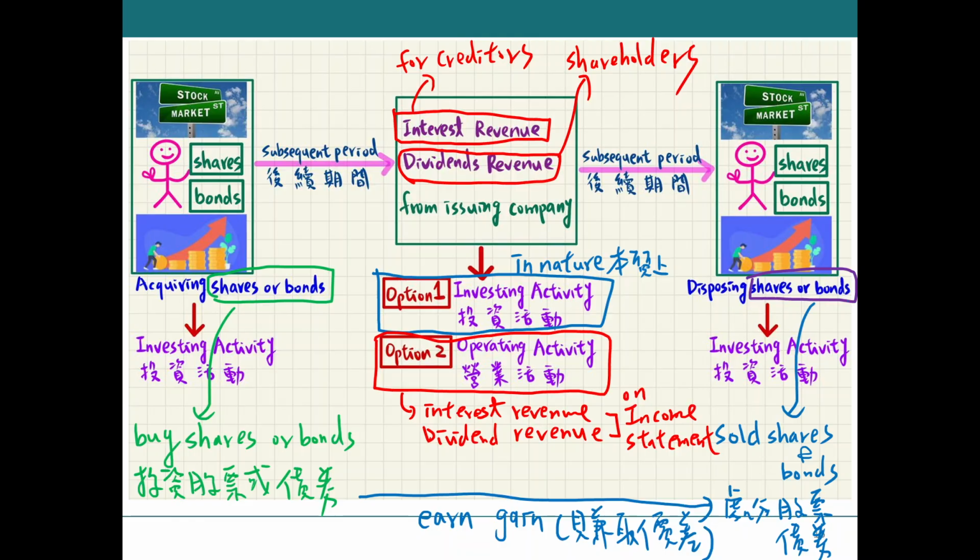Okay, any questions? No problem? Okay, so that's investing. Only one left, financing. Then I'll give you more time to practice it.